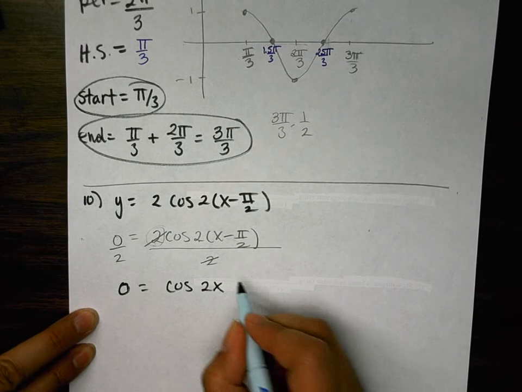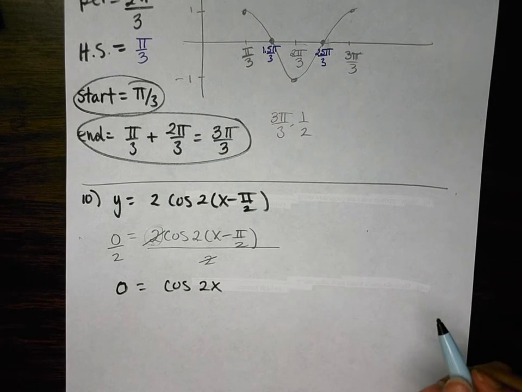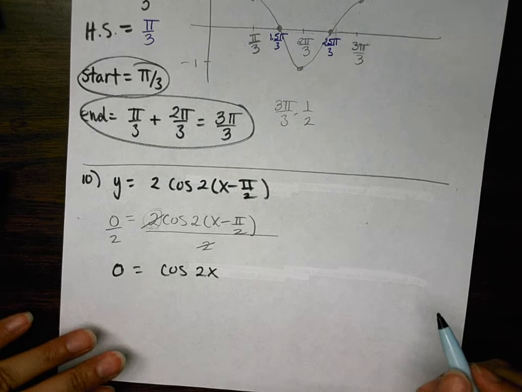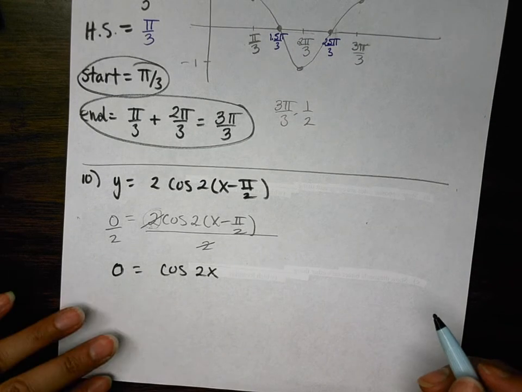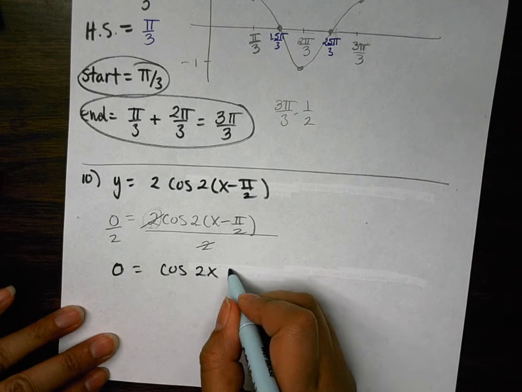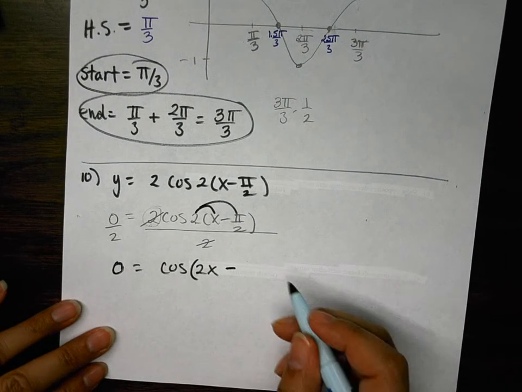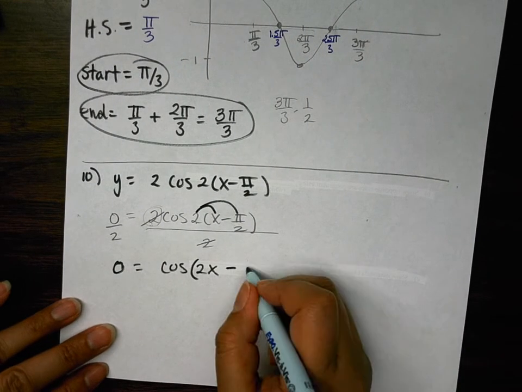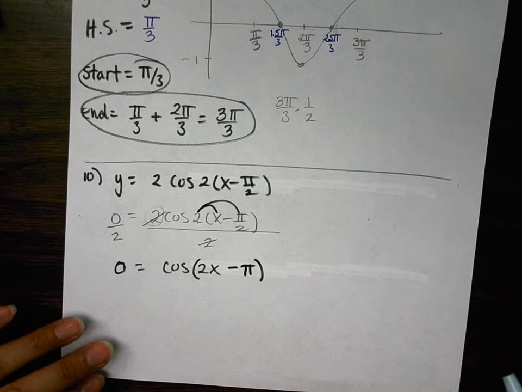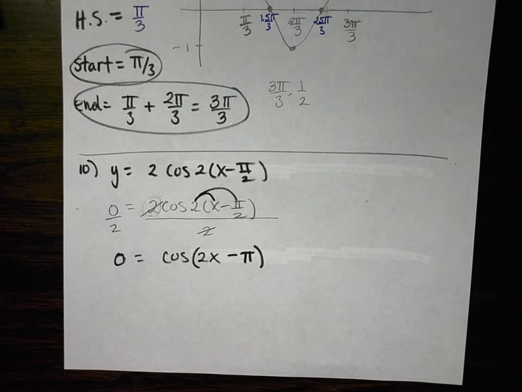Still 0. Do you want to distribute the 2 now, later, or leave it? Now, 2x minus what? 2 pi over 2 is just pi.